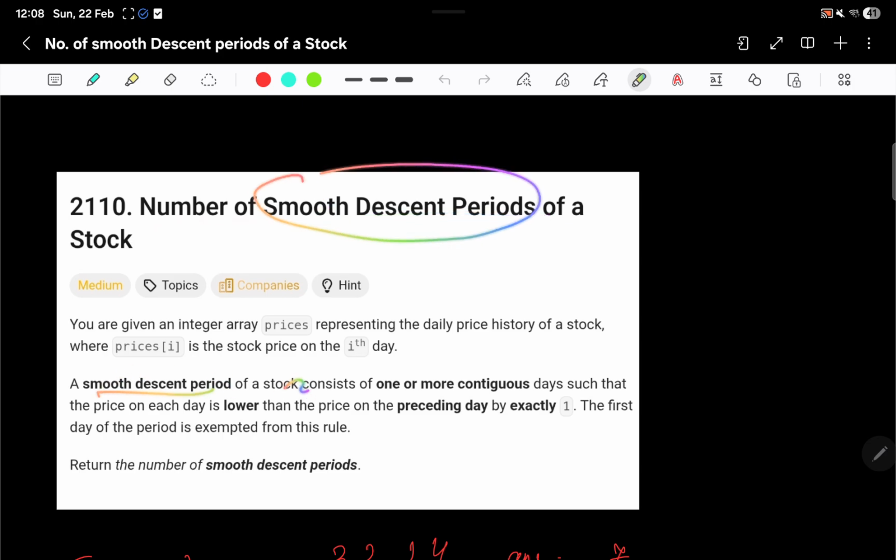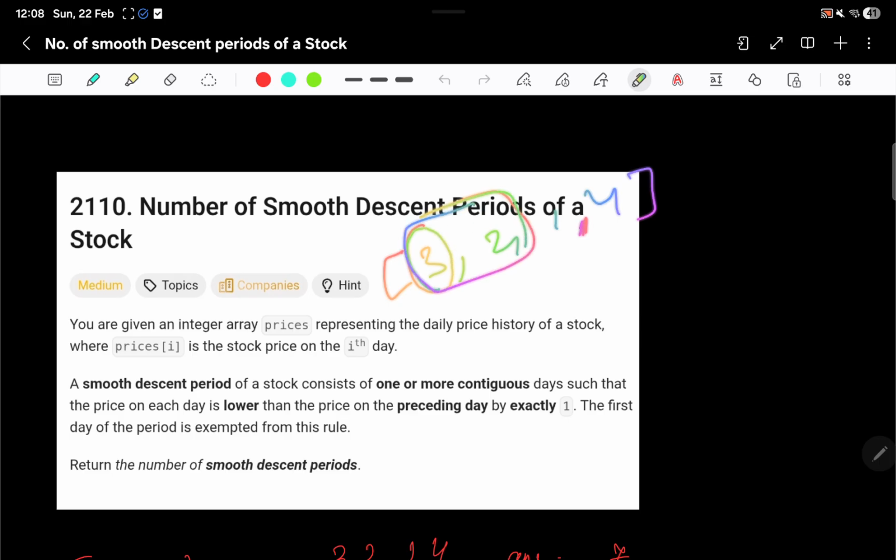A smooth descent period of a stock consists of one or more contiguous days. So if there are elements like 3 2 1 4, it could be a subarray of one or more contiguous days, that means one after the other, right?